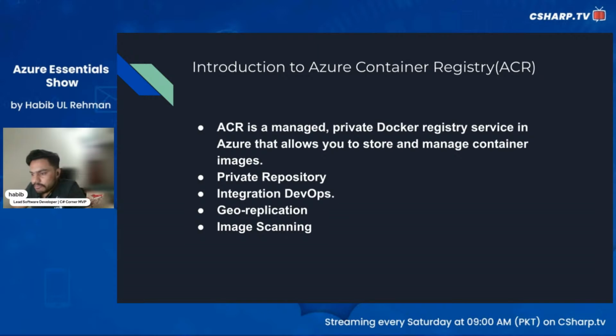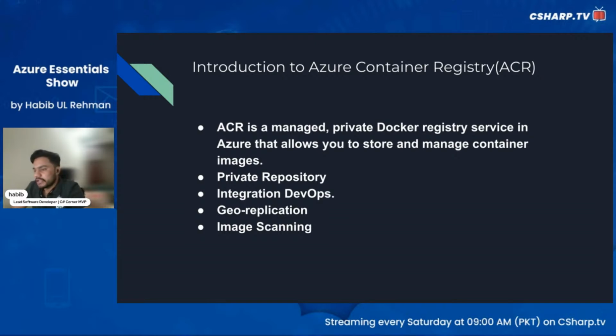Then the benefits that we have with ACR are scalability. You can scale to a large number of images and repositories with multiple instances, so you don't have to worry about how many users are pulling your images. You can scale them at any time.